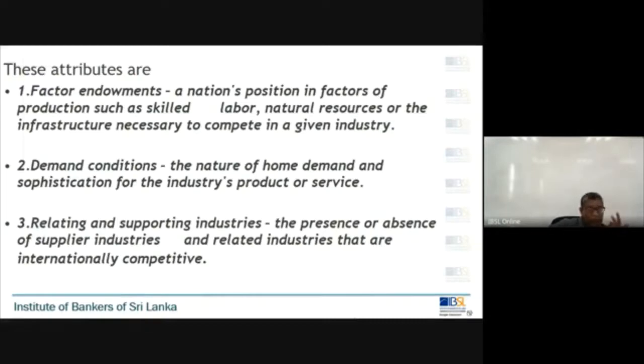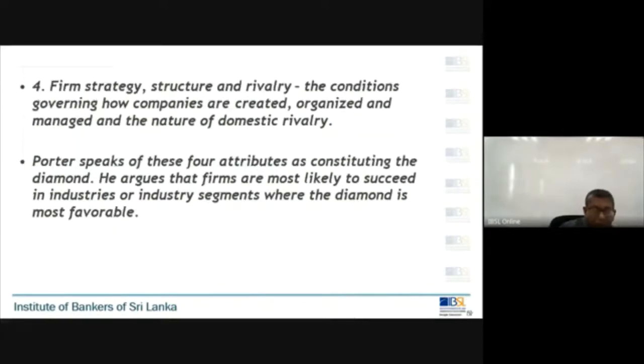If we don't have them, that is another issue we face. Then firm strategy, structure, and rivalry. To what extent are the companies of Sri Lanka in domestic rivalry, whether there is competition? In Sri Lanka, we have some monopoly.